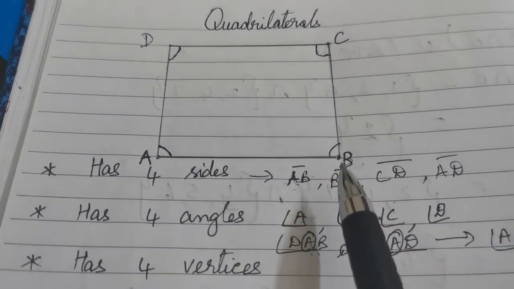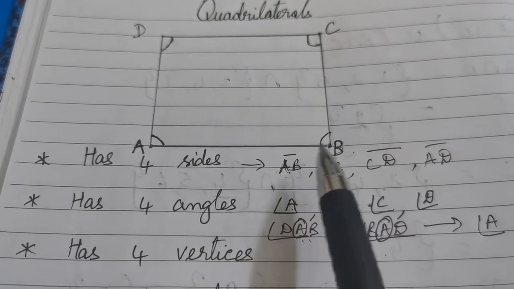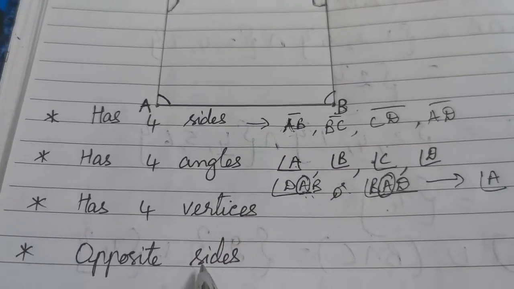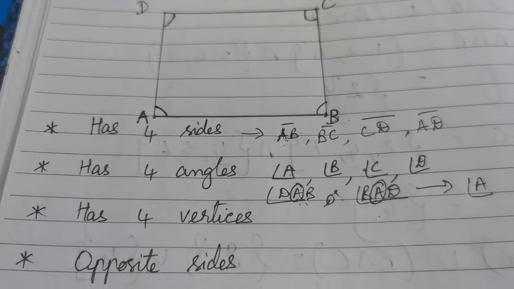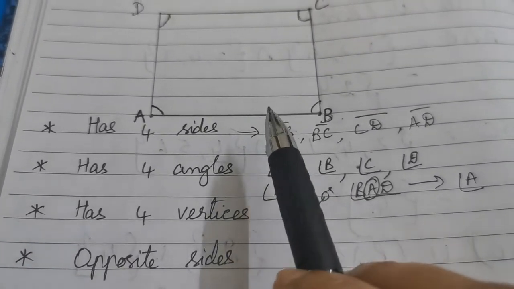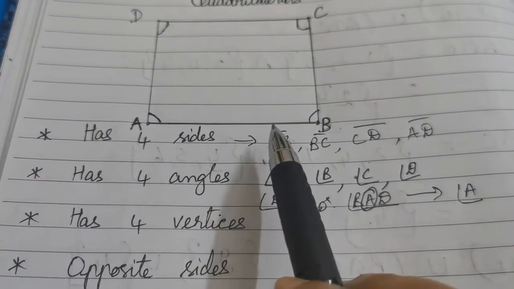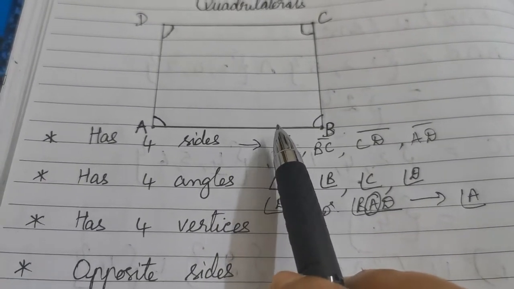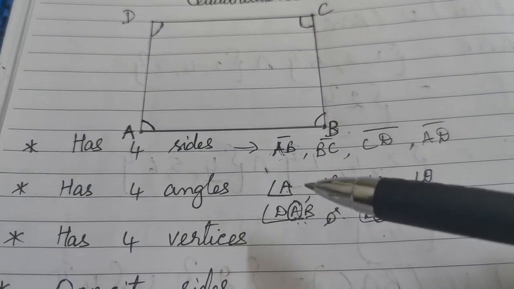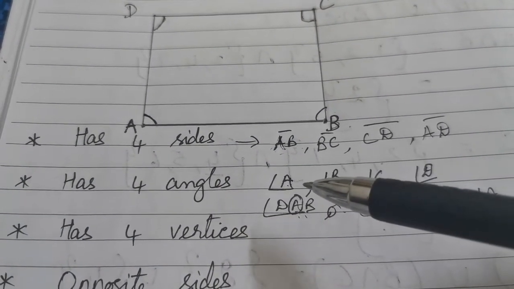We have heard about opposite sides and adjacent sides. Now, first let us learn what opposite sides are. When two line segments do not have any vertex in common, that pair of sides are called opposite sides.